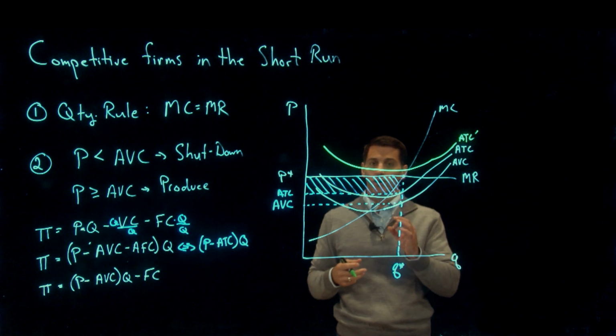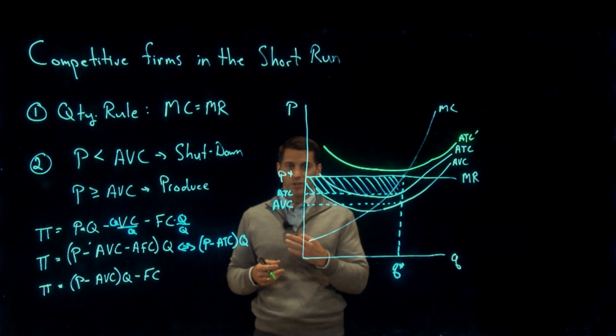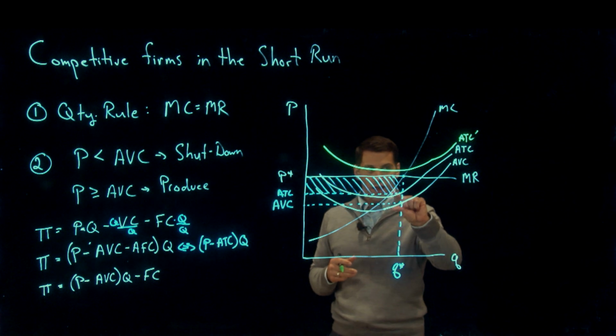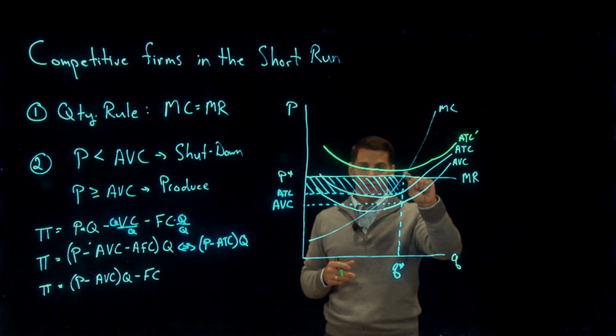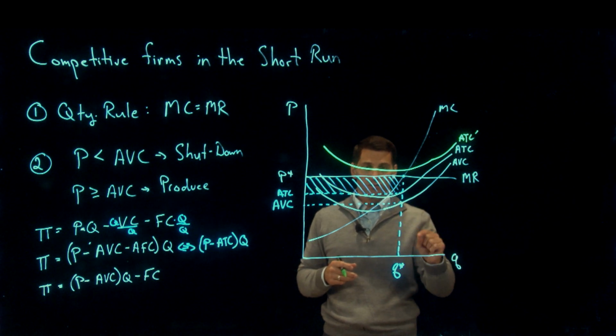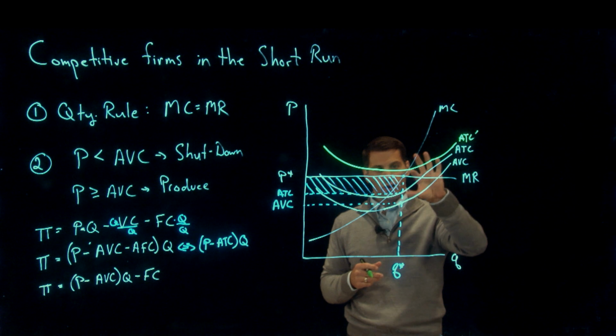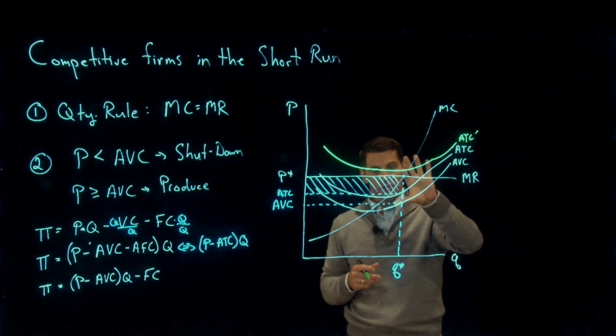Remember what we talked about in previous videos and a previous chapter in class is that average total cost is equal to average variable cost plus average fixed cost. And so if you're looking at it, then with this new average total cost curve, that distance there, where is that coming from? That is coming from our fixed cost.